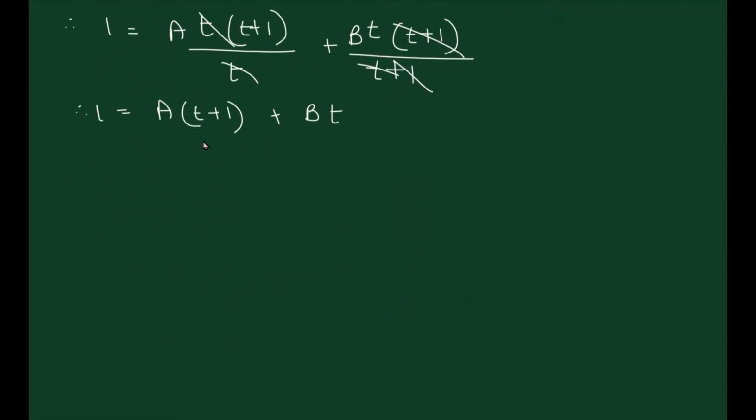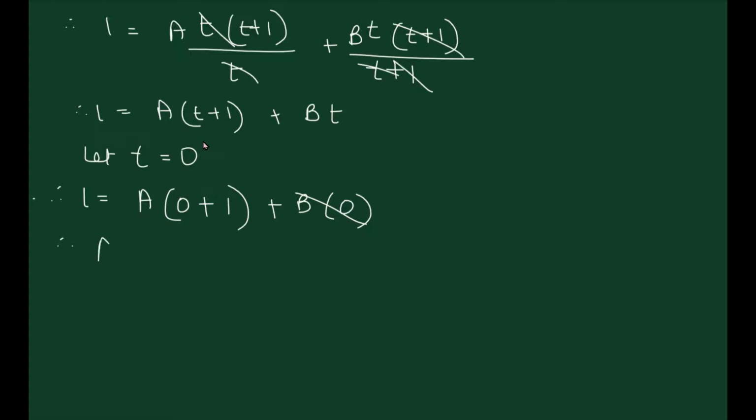Then in the next step, we put any one of these values as 0. Say let t is equal to 0, and therefore we are going to get 1 is equal to a into 0 plus 1 plus b into 0. Obviously this goes away. So therefore we get a is equal to 1. So the value of a we obtained as 1.